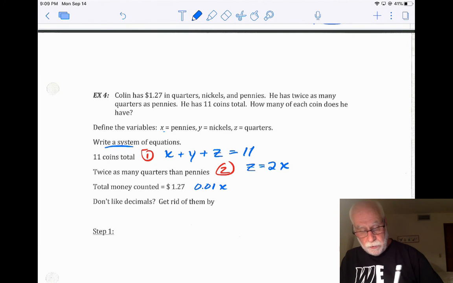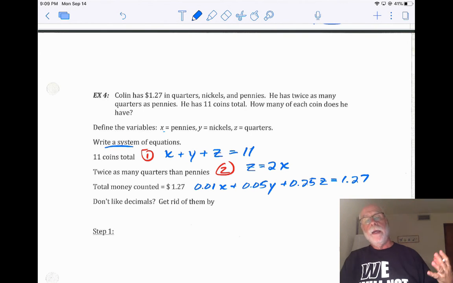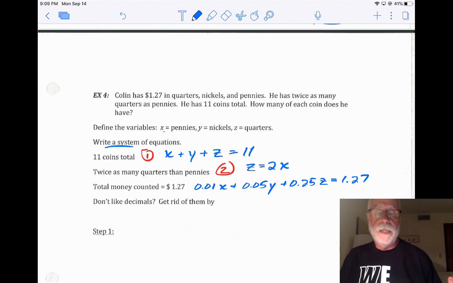So we're going to say 0.01x plus 0.05y, there's a nickel, and then plus 0.25z is equal to $1.27. All right. Now, I would say if you don't like decimals, get rid of them, because on this one here, again, this would be our equation 3. So let me put that in front.